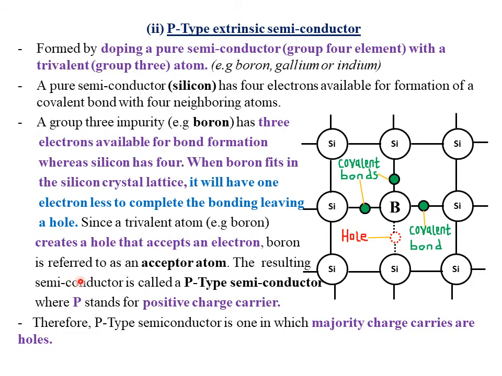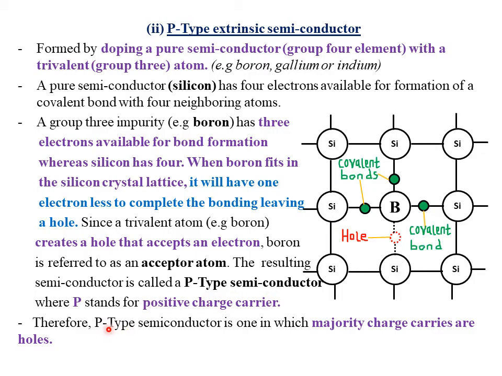So the resulting semiconductor is called a P-type semiconductor, where P stands for positive charge carrier, because remember we said that a hole is assumed to be positively charged, because it can easily accept an electron. So because a hole is positively charged, hence the word P-type semiconductor, where P stands for a positive charge carrier.